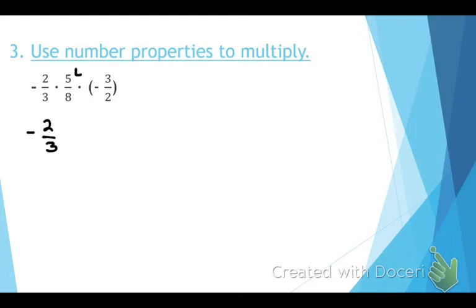So I am going to switch the order of those two. Now this is negative 3 over 2, and then I'm going to multiply it by 5/8. Let's just focus on going from left to right. Rodney, can I reduce anything over there? Very good. Those 2's are going to become 1's, and the 3's are going to become 1's.